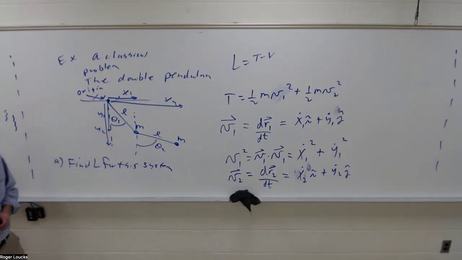Where would be the other good spot that we're not going to use? Would it be at the first mass? No, that's going to be moved. We always want our origin to be stable. An L length down would work.